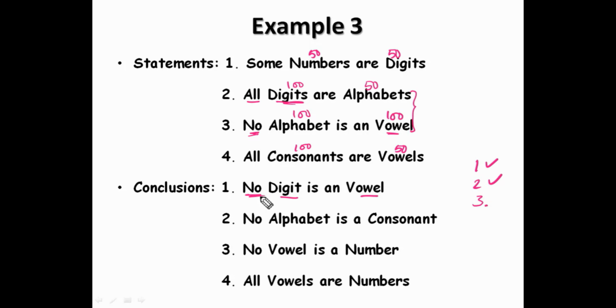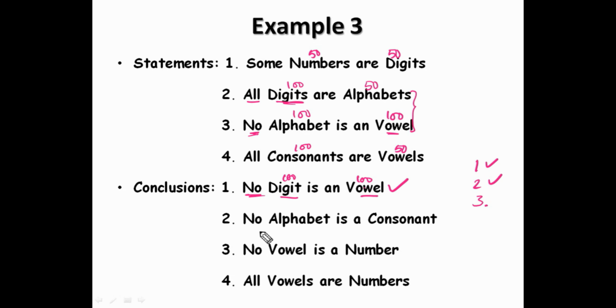So in the conclusion we need how much? No means 100 and 100. Now check digit: how much income in the second statement? 100 income. Can you spend 100? Yes, we can spend 100. Vowel has how much income? 100 as income. Yes, we need 100 as expenditure. Yes, we can spend. So conclusion 1 follows.